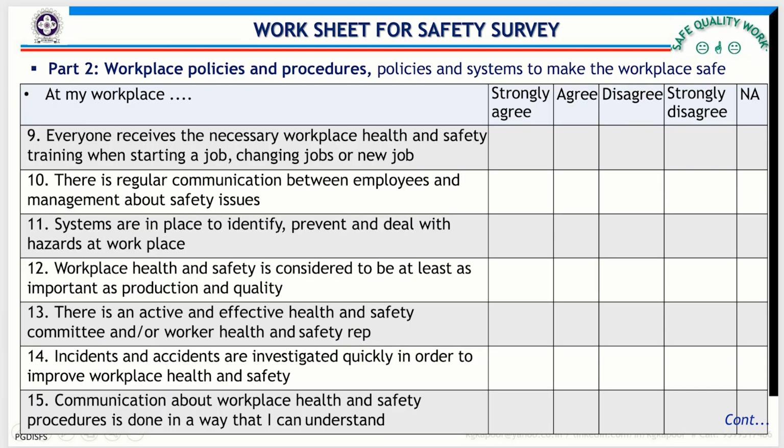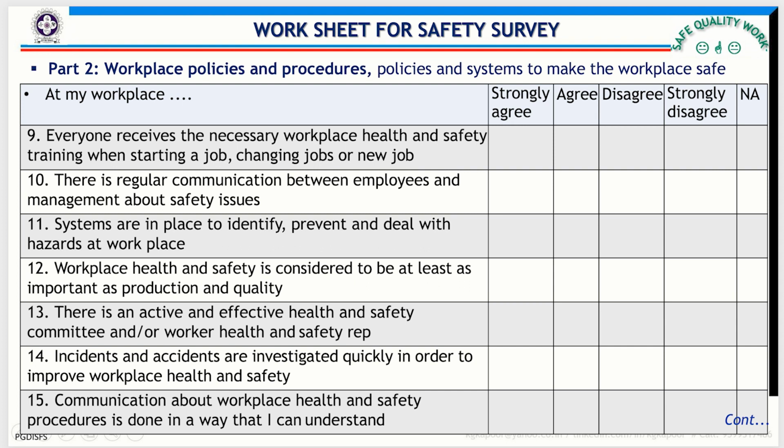Similarly, another question may be: at my workplace there is regular communication between employees and management about safety issues. The participant will answer strongly agree, agree, disagree, strongly disagree or not applicable. Again we will be selecting the best answer.